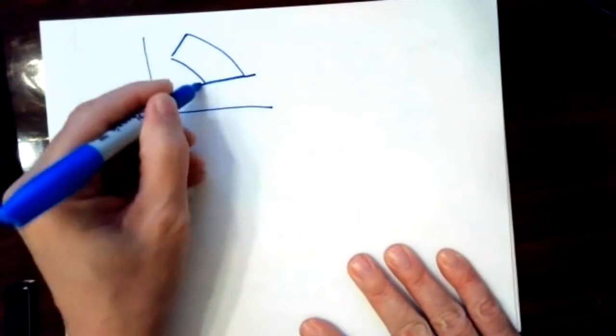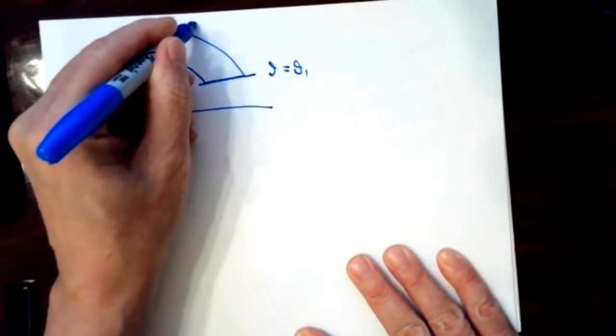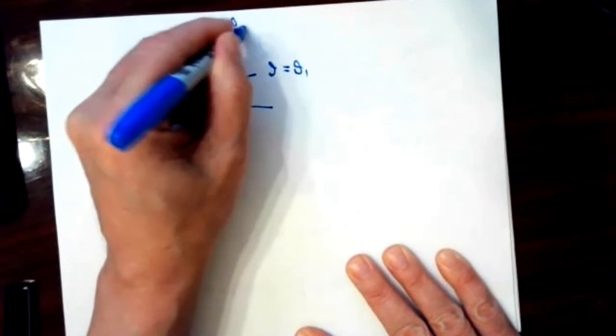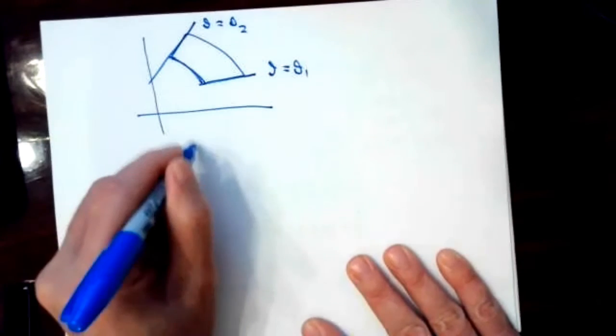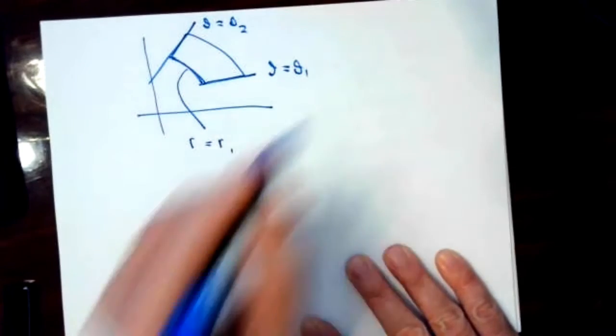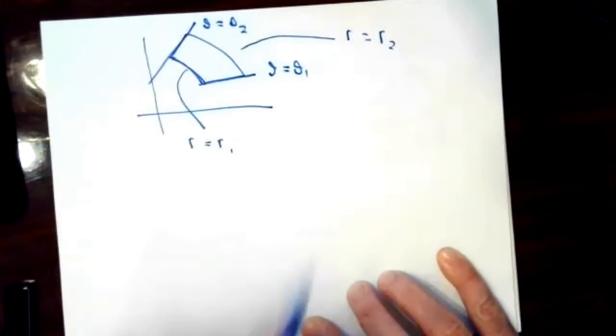This is the shape that corresponds to a rectangle. Using polar coordinates instead of Cartesian, I'll have some theta value, theta equals theta 1, and some other theta value, theta equals theta 2. This part is the arc of a circle, so I'll have r equals r1 for this part, and r equals r2 for that part.